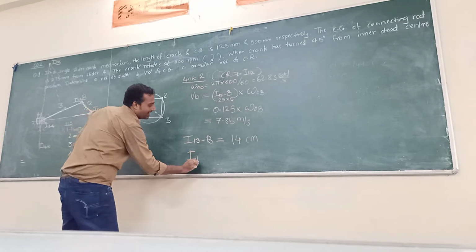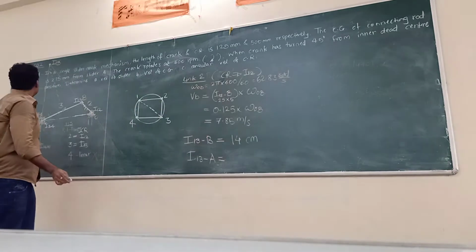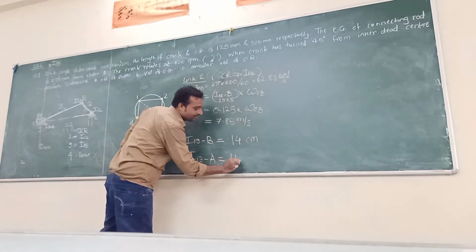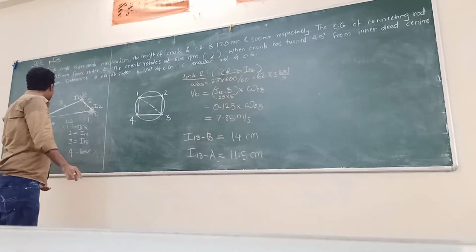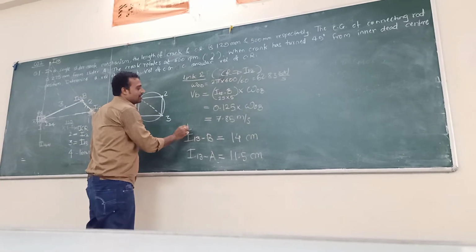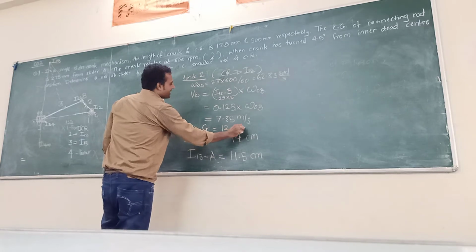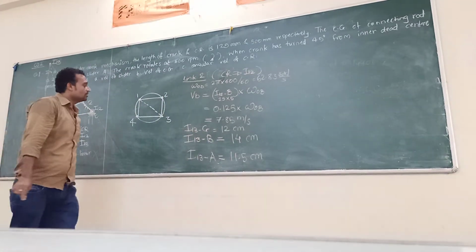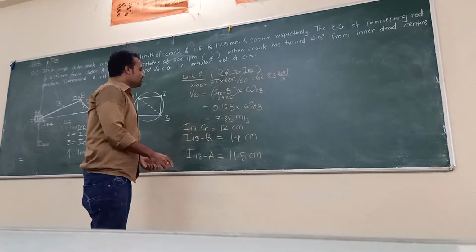Then I13A, this distance is approximately 11.5. Slight drafting error is allowed. And this distance I13G is 12 centimeter. So we can measure all these distances from I13, which is the center of rotation for link number 3.